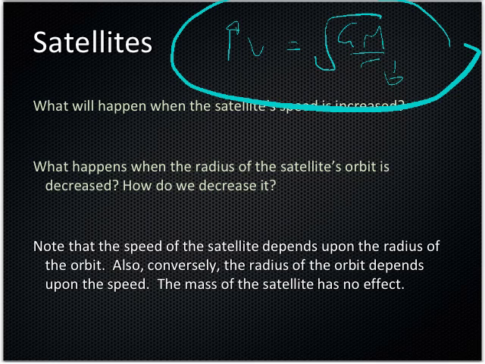Essentially, if you increase your velocity, you are keeping the same gravitational pull at that time, and so it's not going to be able to handle the mv squared over r. If you increase your velocity, then your weight, which is fixed at that distance, cannot handle the v squared.